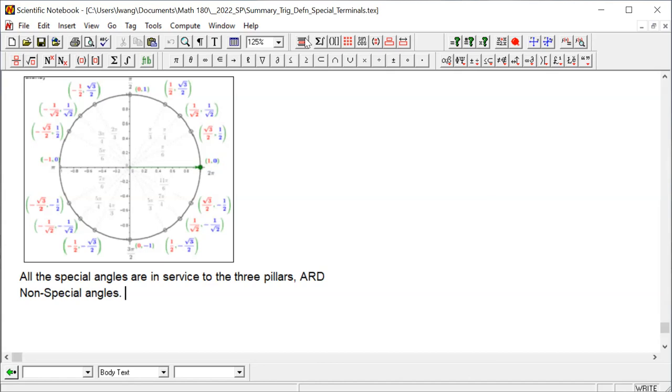So when we have a non-special angle, we can apply the three pillars to it. For example, the first example we did, the 3, 4, 5. That was a non-special angle for sure, right? To do that question, you have to use definition. And for the special angles, of course you need to reflect on the definition over and over again.